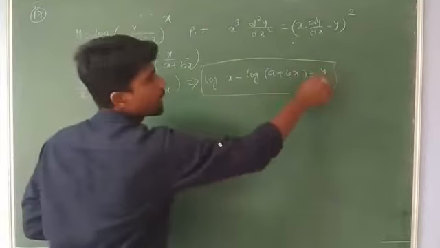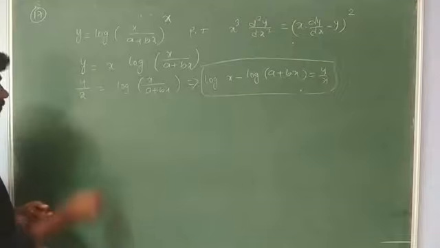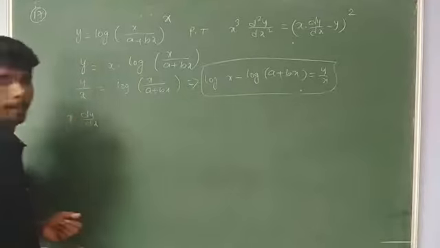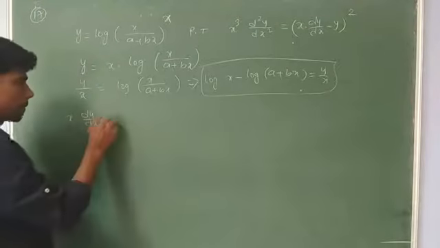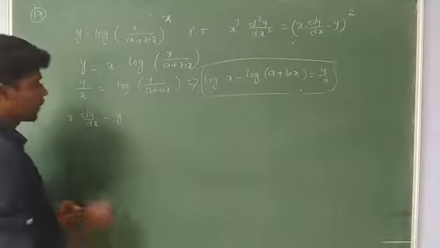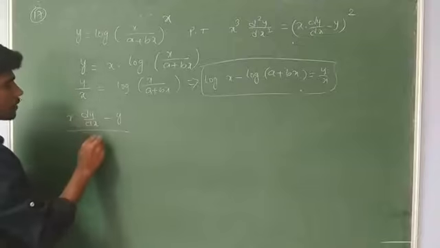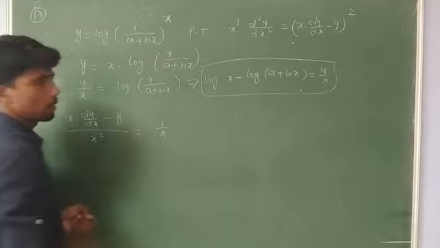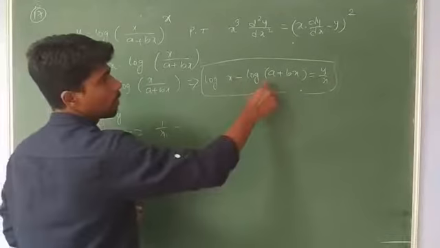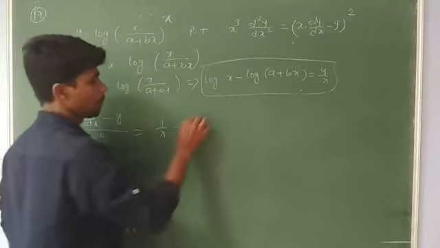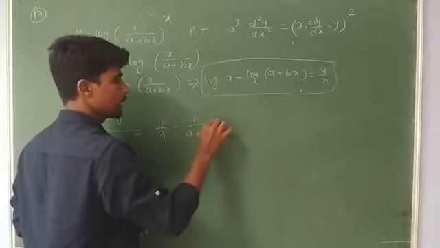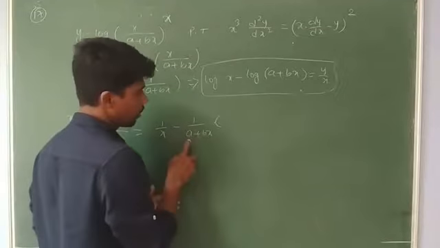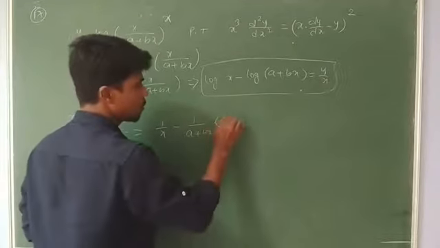So we have y by x, which is in the form u by v. So x into dy by dx minus y into dx is 1, by x square, which is equal to log x derivative 1 by x minus log a plus bx derivative 1 by a plus bx into derivative of a plus bx, which is nothing but a derivative 0 plus bx derivative b.